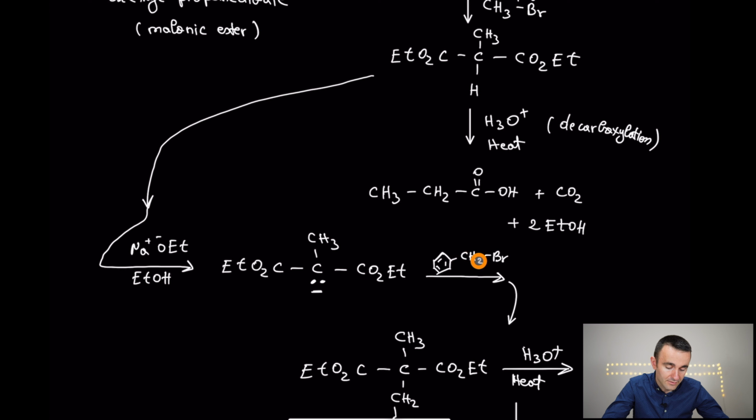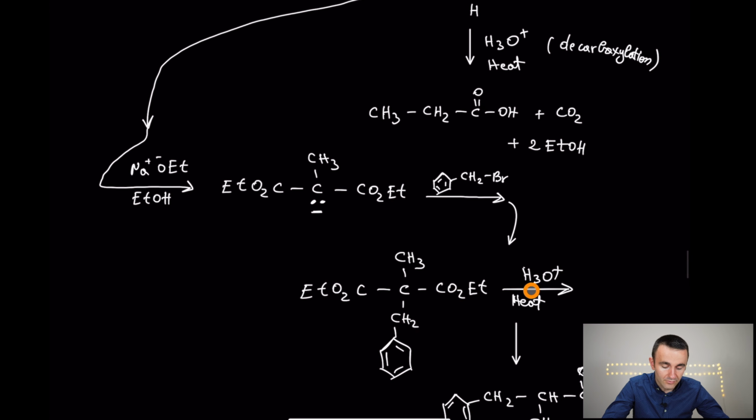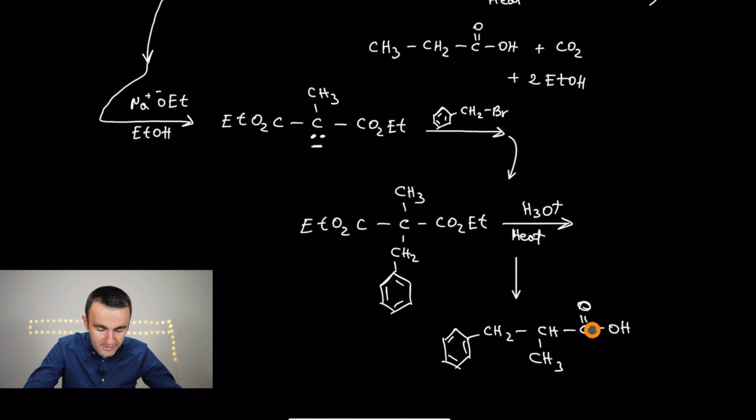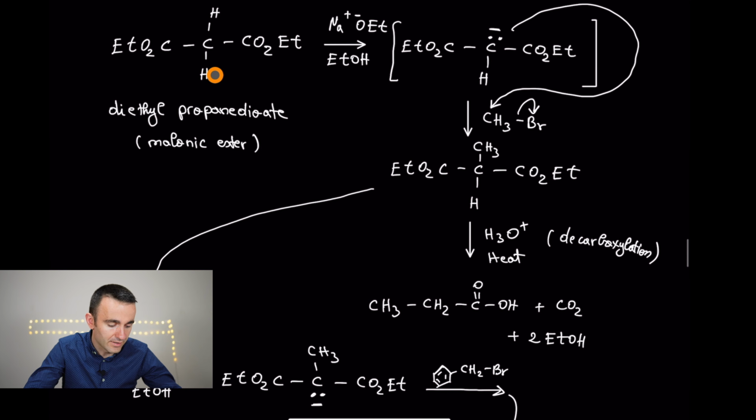For example, benzyl bromide here, and you can add this here, and after that you can do decarboxylation with hydrochloric acid in hot conditions, and this is the final product that you end up with. As a conclusion for this final product, those 2 carbons come from the Malonic ester, from this compound here. This contributes 2 carbons.